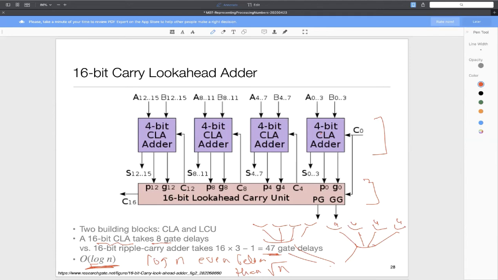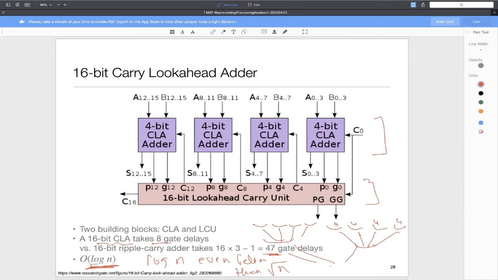So if you're trying to add, let's say, two 256-bit numbers or 2000-bit numbers, then carry look ahead will really shine, because log n would be a lot less than square root n. So this is probably the most advanced type of adder that is commonly used. There are several variants of it, but the basic strategy remains that we are organizing things in a tree-like structure.